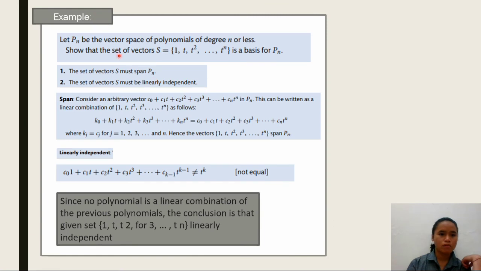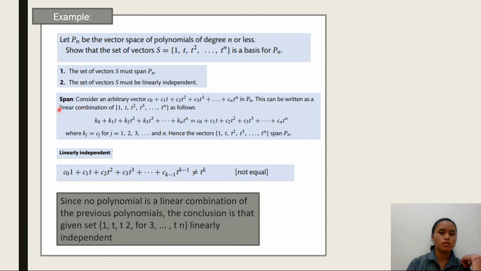For example, we have the set of vectors S. It is a basis for Pn. One, the set of vectors S must span Pn.